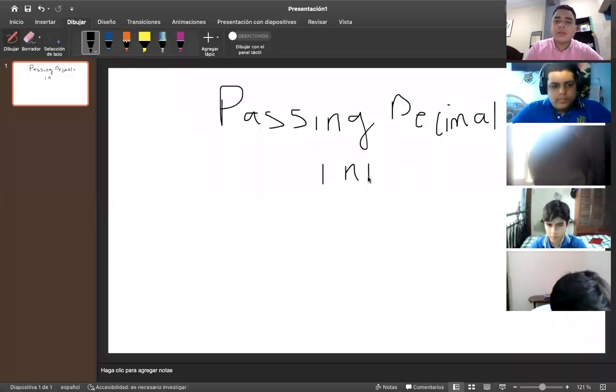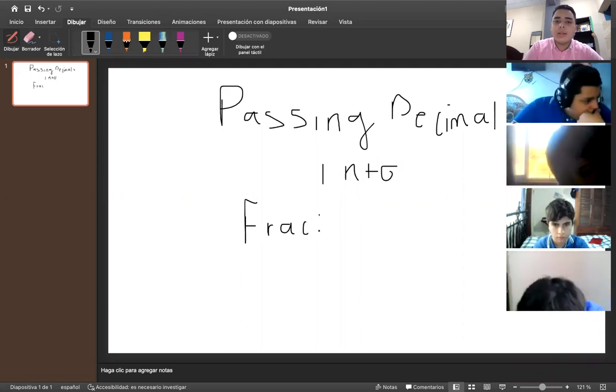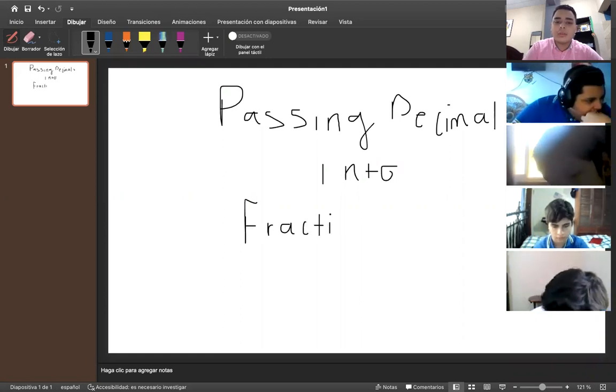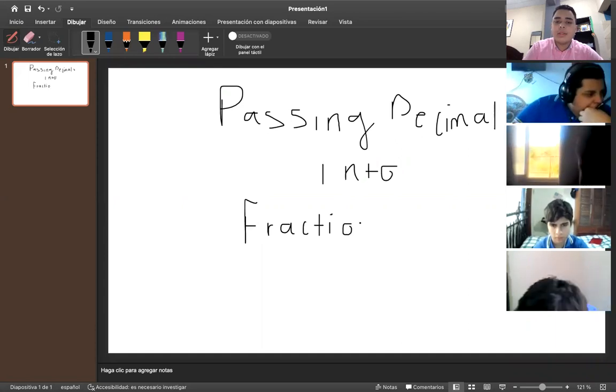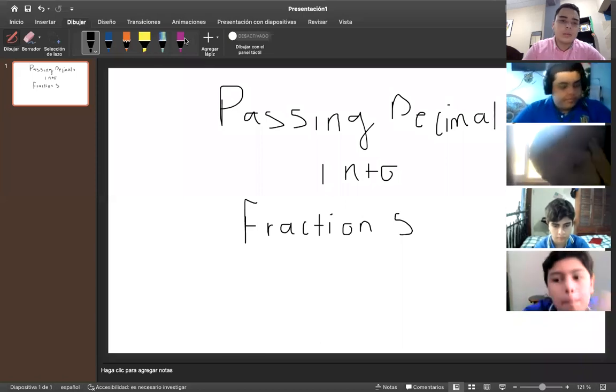Passing decimals into fractions. We are going to see, guys, how to pass a decimal into a fraction. Do you remember decimals, right?